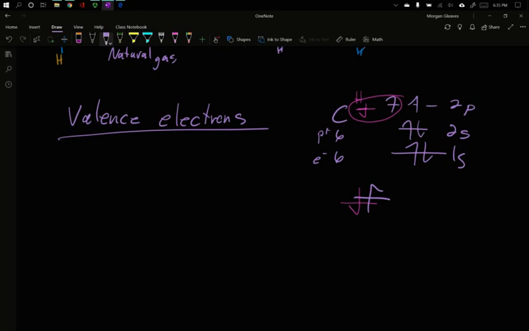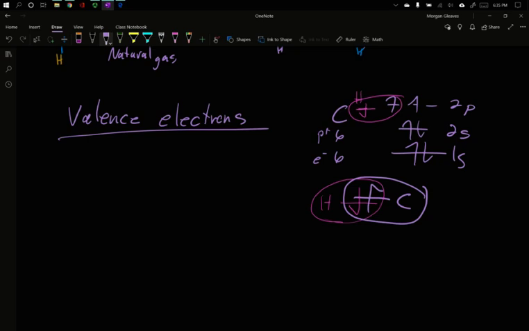As far as each atom is concerned, it has 2 electrons in that orbital. So hydrogen thinks it sees 2 electrons in its orbital. Carbon thinks it sees 2 electrons in its orbital. That makes you more stable.